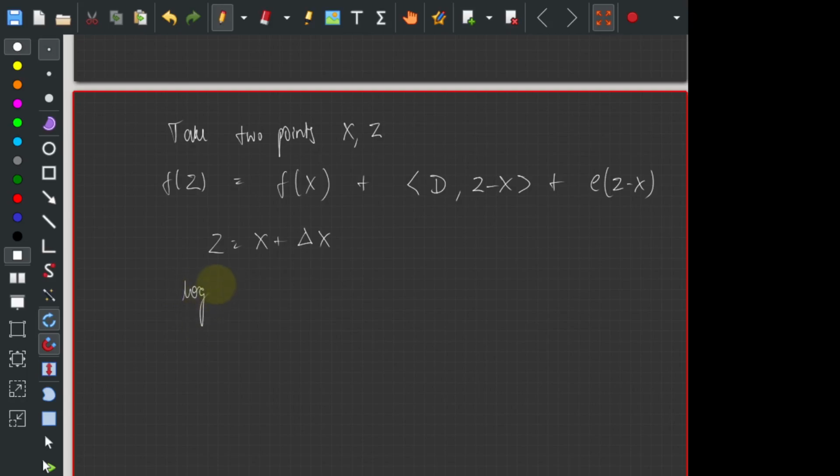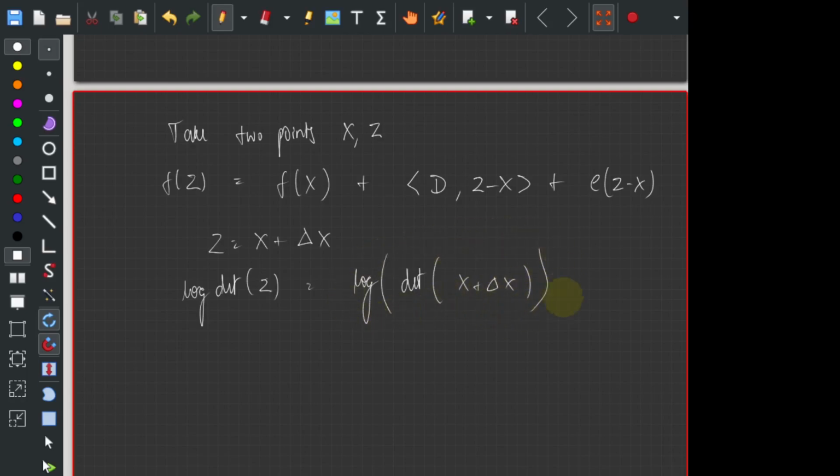So if I look at log determinant of z, this is log of determinant of x plus delta x.